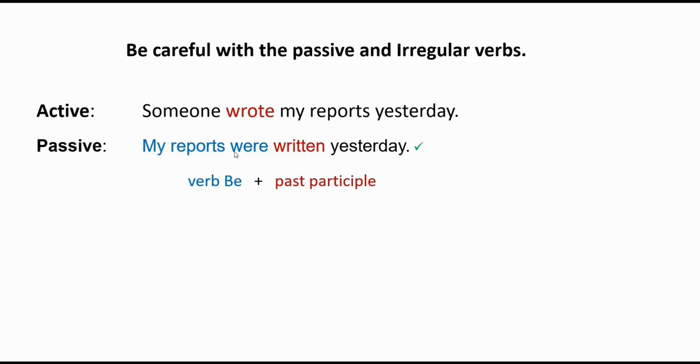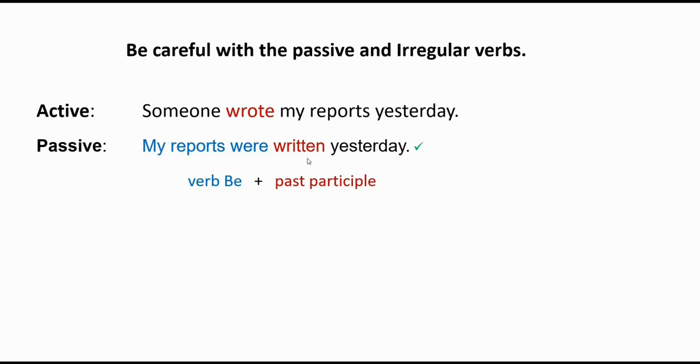Okay? So notice here, the past participle is not the same as the past simple. It's different. So this is why irregular verbs are harder to form in the passive voice because the past participle is irregular.